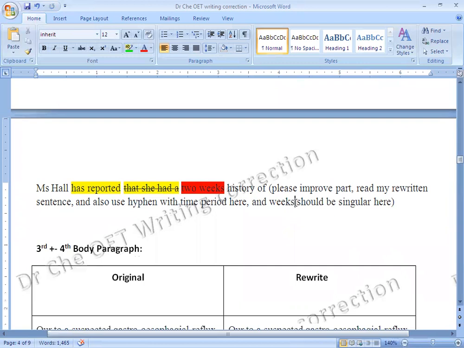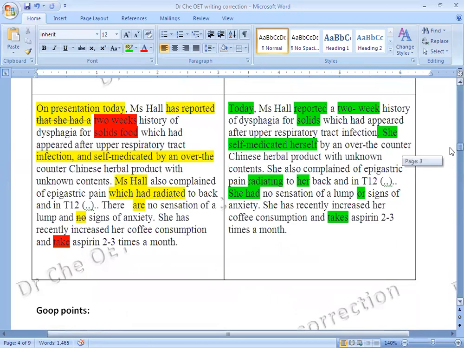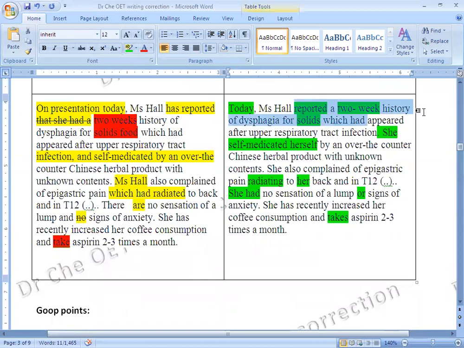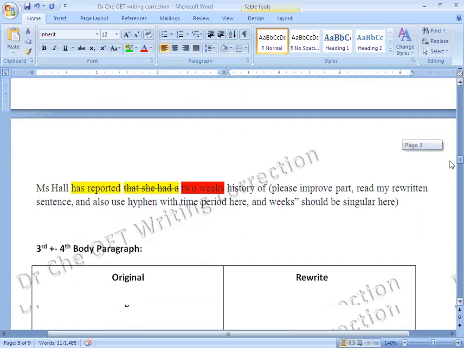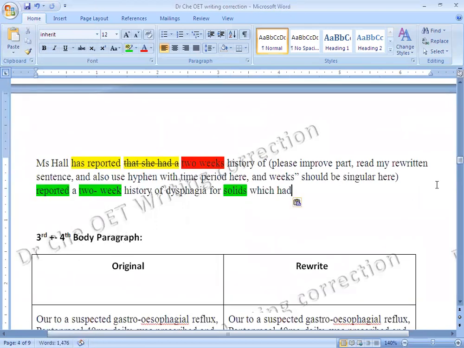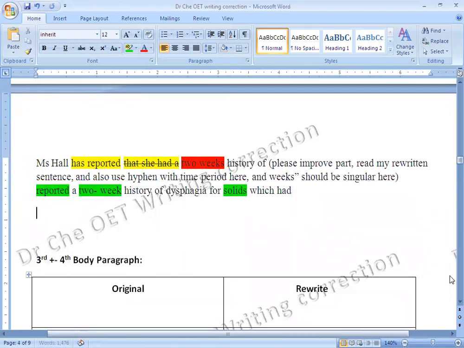Then for this part, solid foods, we should use one of them: solids or solid food. Okay, like this.